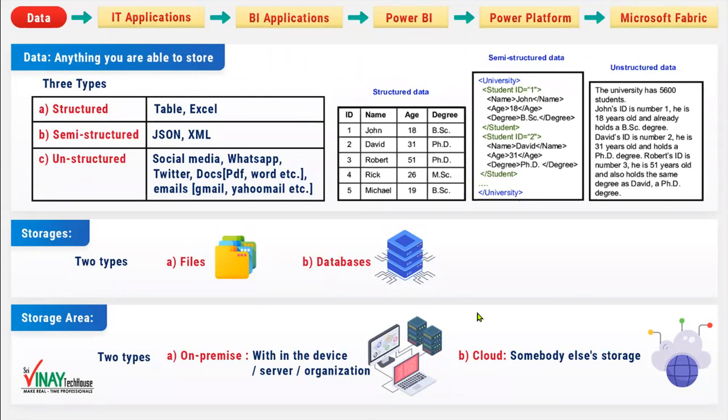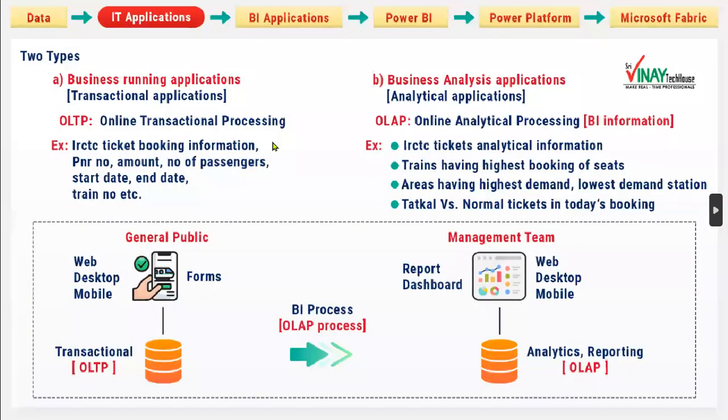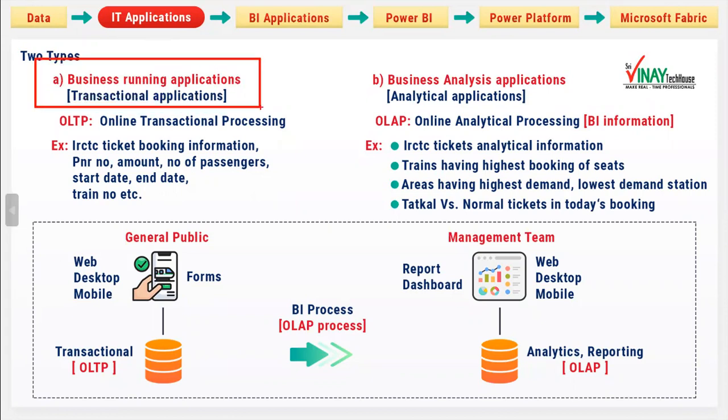Clear? Right. Now, IT applications. In the current market, you can see many applications: Java, .NET, Python, ASP, PHP, mainframe, SAP, Power BI, Tableau. They are basically meant for two purposes. Some applications are for business running and some are for business analysis.